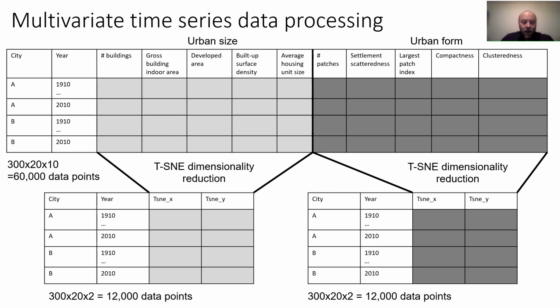And what we did, we used t-SNE, which is a dimensionality reduction method. It stands for t-distributed stochastic neighbor embedding, which allows us to map these 5 dimensions into a 2-dimensional space while preserving the explanatory power of the input space to some extent.